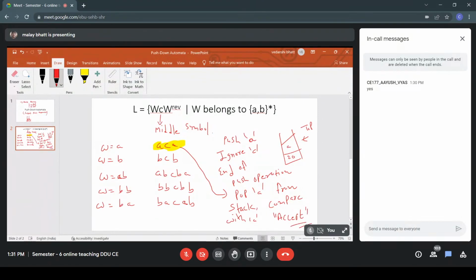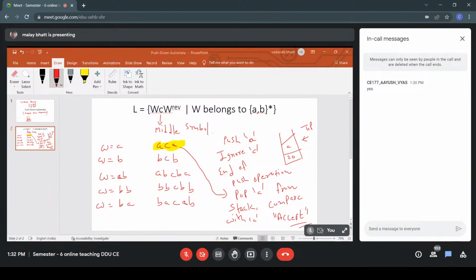So what we can observe from this is that if we have a string ACA, first we'll push the A on the stack. Then when we get the C, which is a middle symbol, we'll ignore that middle symbol C. And when we encounter the last A, we'll pop the A which is already on the stack, and then compare that A on the top of the stack with the last A. When both are matching, we'll generate a message that it is accepted.